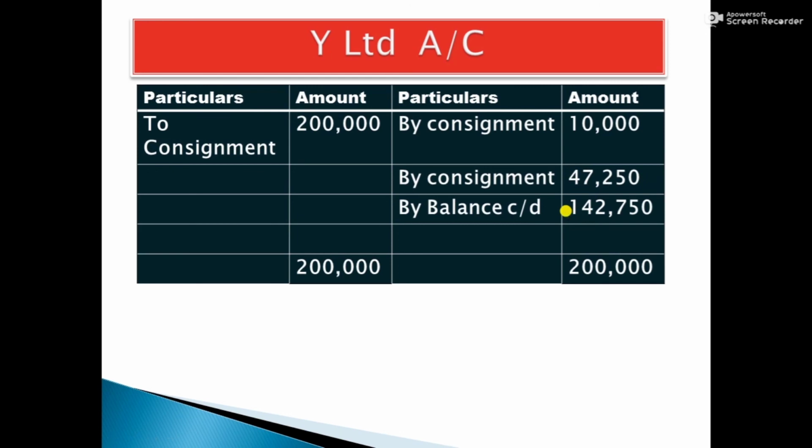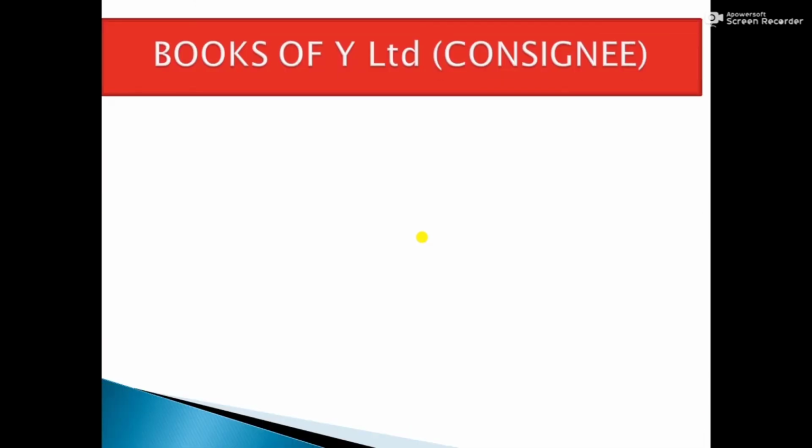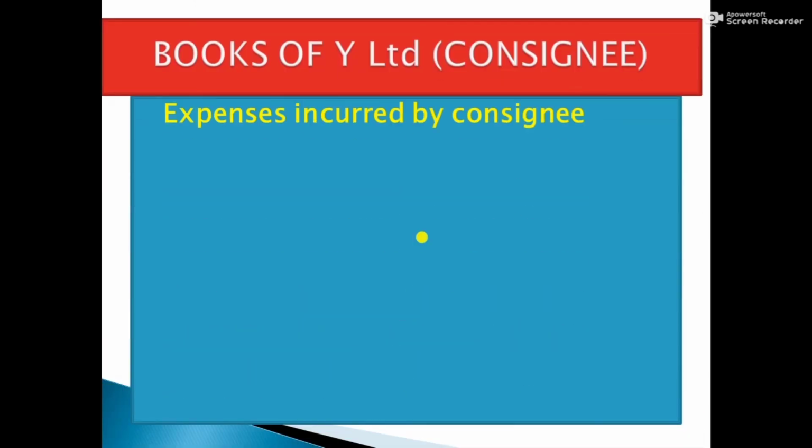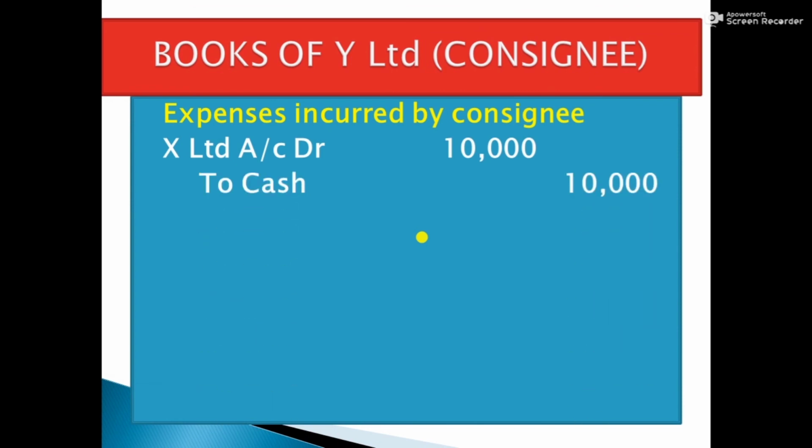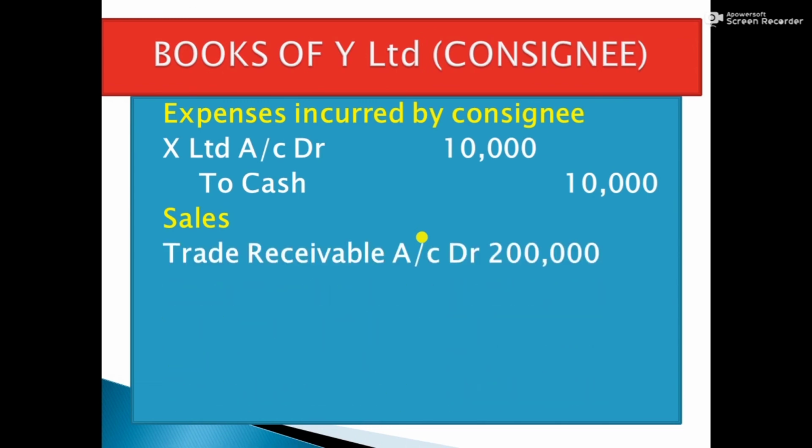In consignee's books, the journal entry will be like this: expenses incurred by the consignee, X Limited account debit, to cash or bank, he incurred 10,000 rupees as expenses. The sale amount is trade receivable account debit 2 lakh, to X Limited 2 lakh.